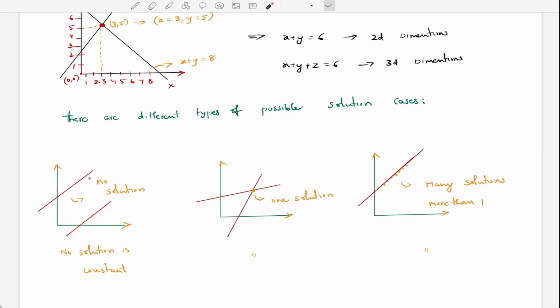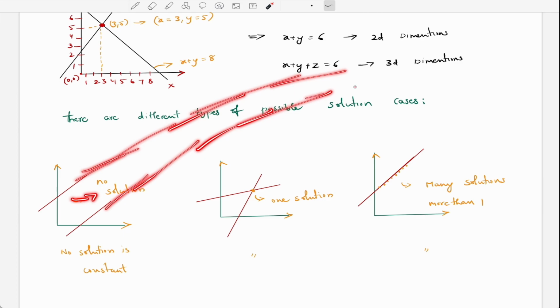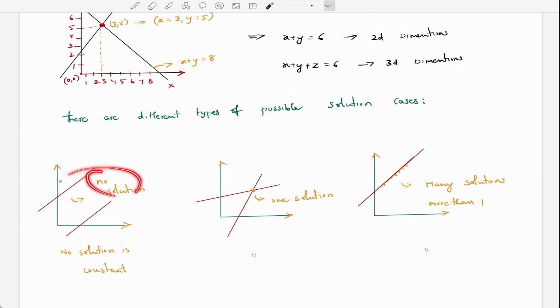Then we simply conclude that it has no solution, because they cannot intersect. If it goes like this also, it cannot intersect, okay. So the no solution case is constant.